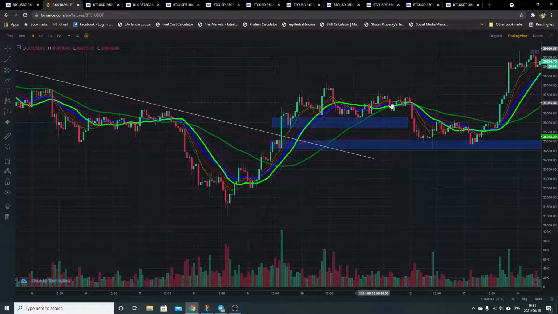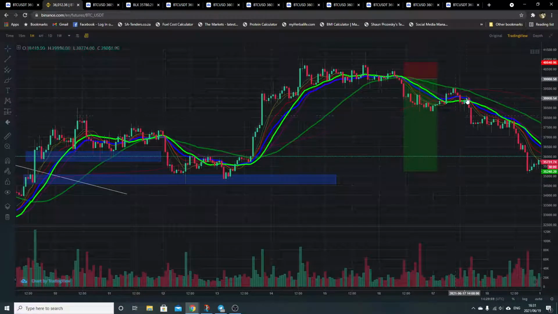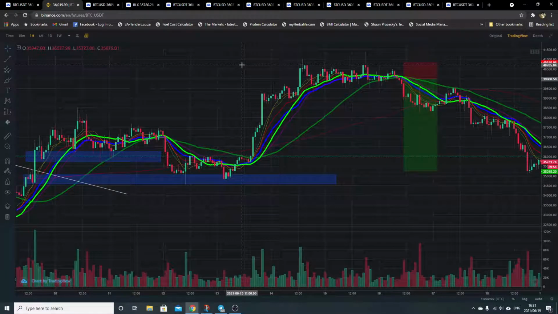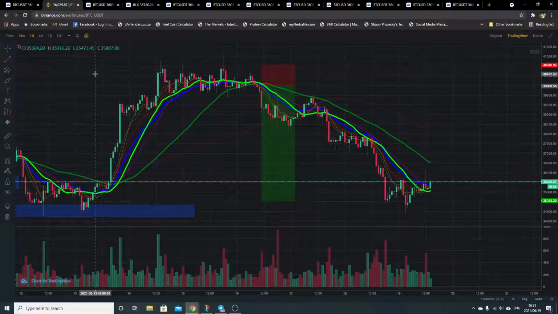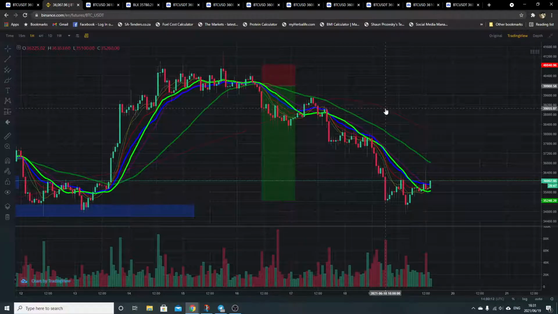It had a little bit of a dip over there, but then price kept on going up again. Okay, so that's just a little bit of trading and information on the 20 MA, 21 EMA, 50 MA, and the 100 MA.